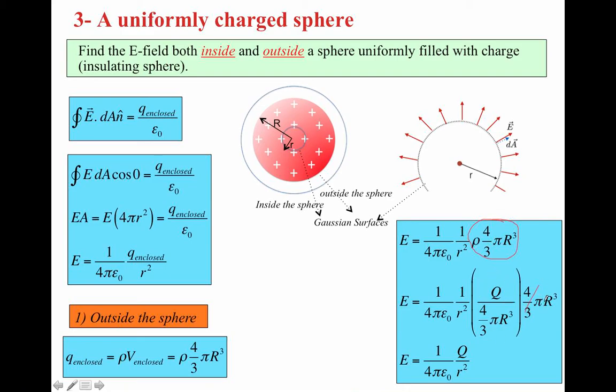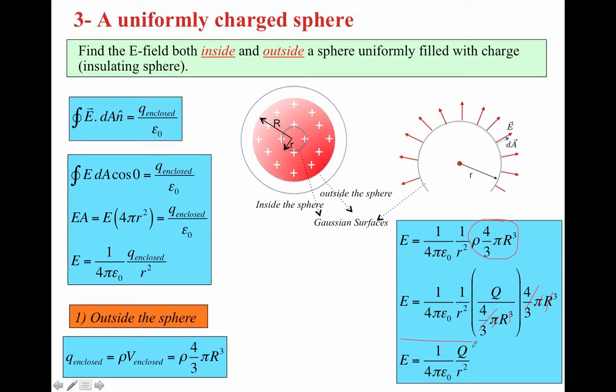So these cancel, and the r cubed goes with the r cubed, and I get this formula right here. This is the electric field due to the spherical charge in the region outside.